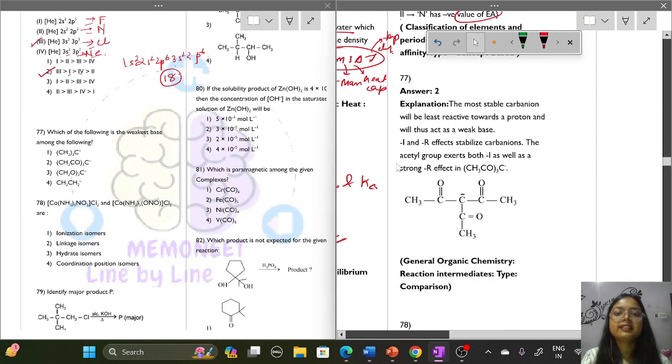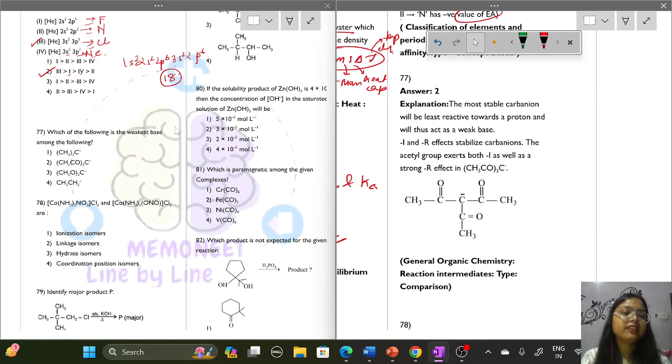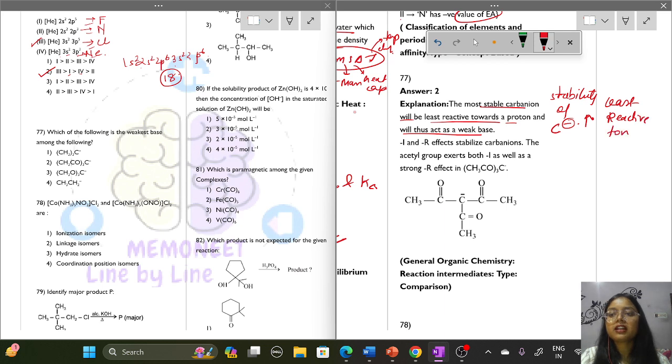Question number 77. Which of the following is the weakest base among the following? The more stable the carbanion, the less reactive it will be towards the proton, and thus it will be the weaker base.